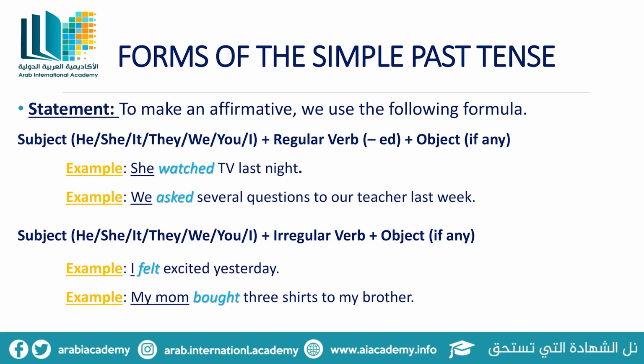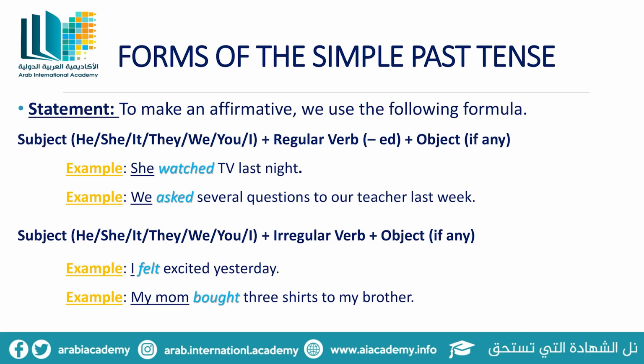I is the subject and felt is an irregular verb. Felt comes from the word feel. Feel is the base form of the verb. Then, in order to change it to the past tense, we have to write it like felt, since it is an irregular verb.